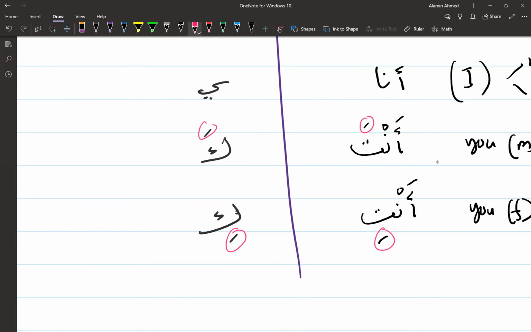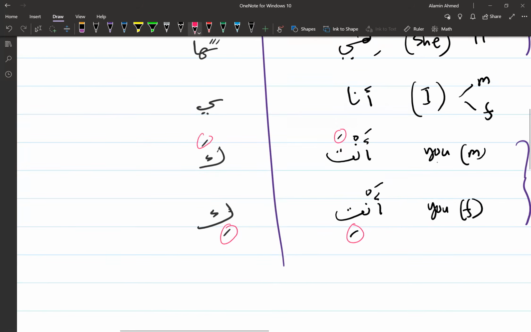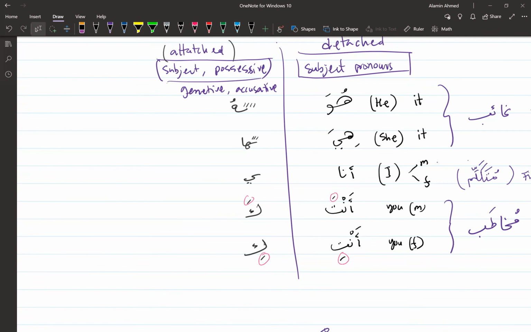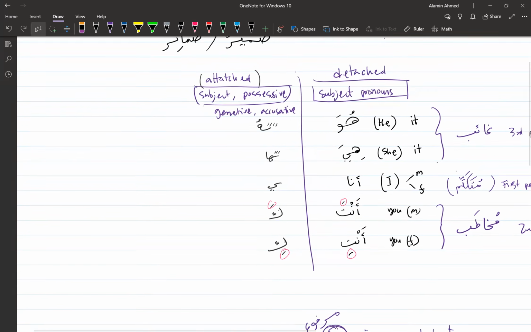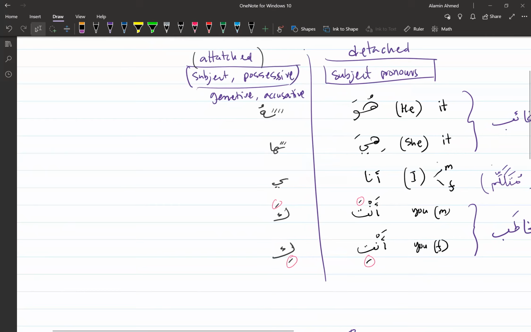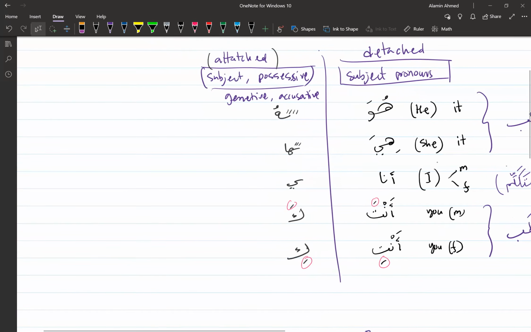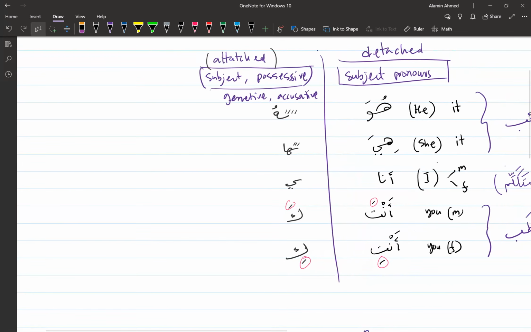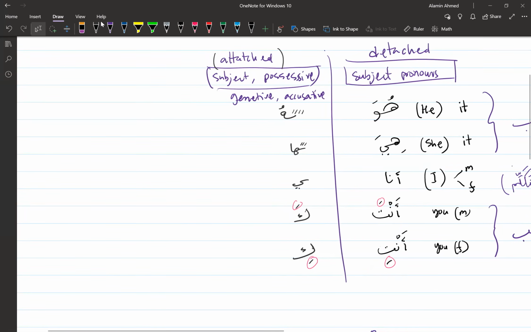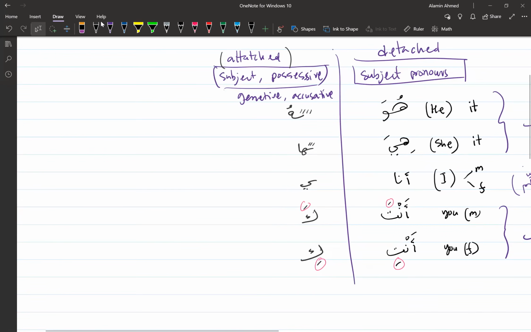So maybe it's going to be easy when you understand it from the fatha and kasra perspective, right? Now, let's see some of these forms in examples. Let me see which one the book did first. Anyway, whatever the book showed you first, I'm going to show you first from the preposition perspective.